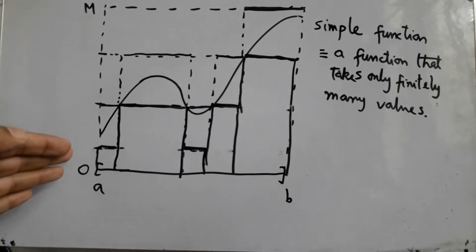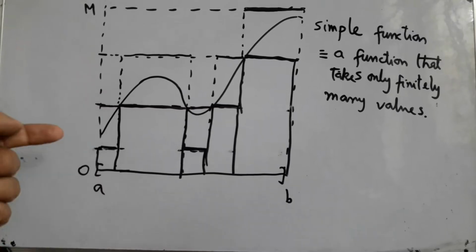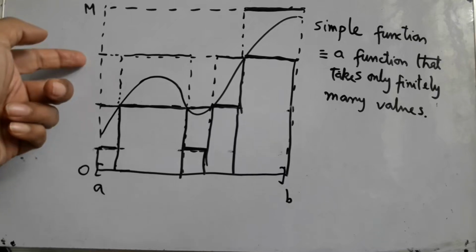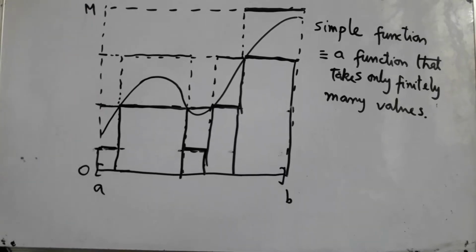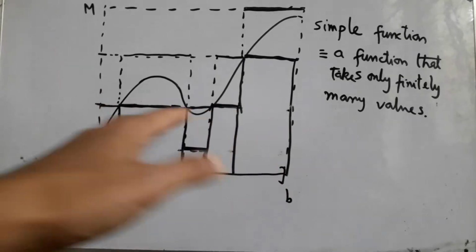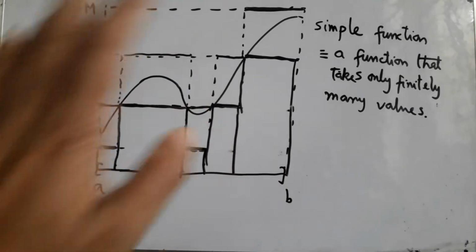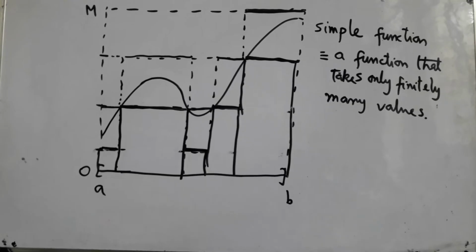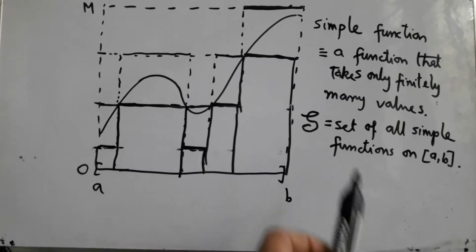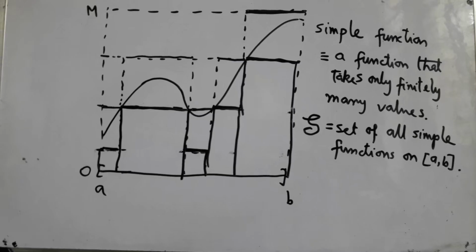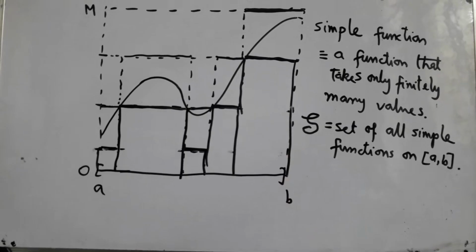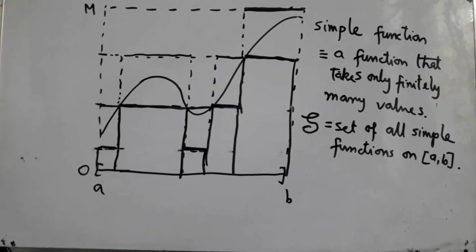Similarly, the upper approximation is also another simple function which takes this value, and this value. Only finitely many. The same value may be taken at lots of different places, but it is not taking infinitely many values. So, as in case of Riemann, we define script S is the set of all simple functions on AB. Earlier we had script D, set of all step functions with finitely many steps.